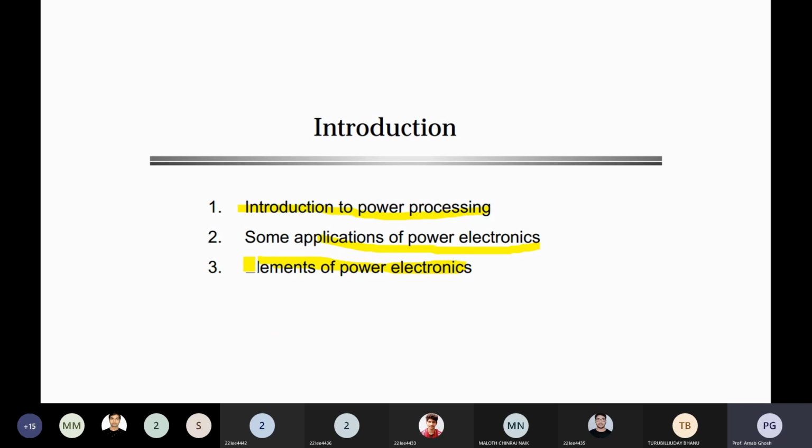Basically, most of the applications are based on power supplies, like medium power supply, high power supply. If you see your domestic inverter, what rating does it have? It has a 12-volt battery, and normally if you are using a 150 ampere-hour battery, how much is it? 150 into 12, so it comes to 1800 volt-ampere-hour.